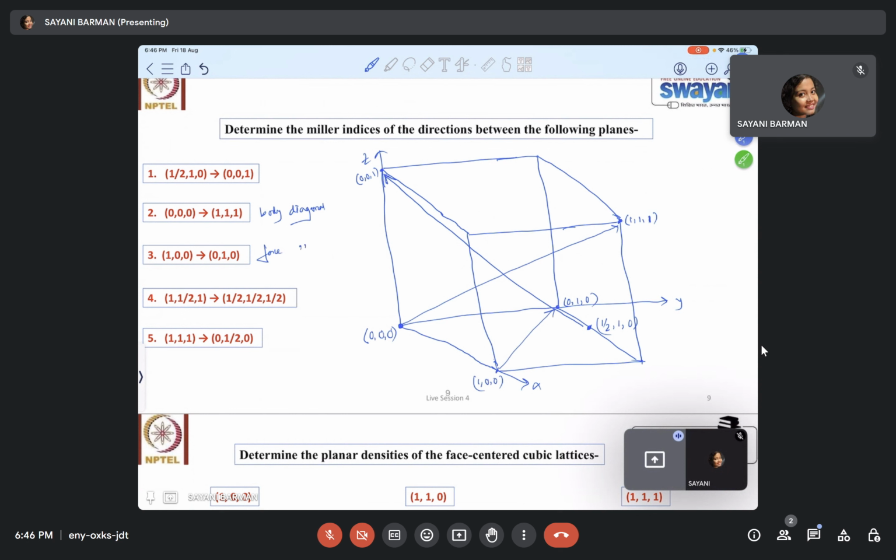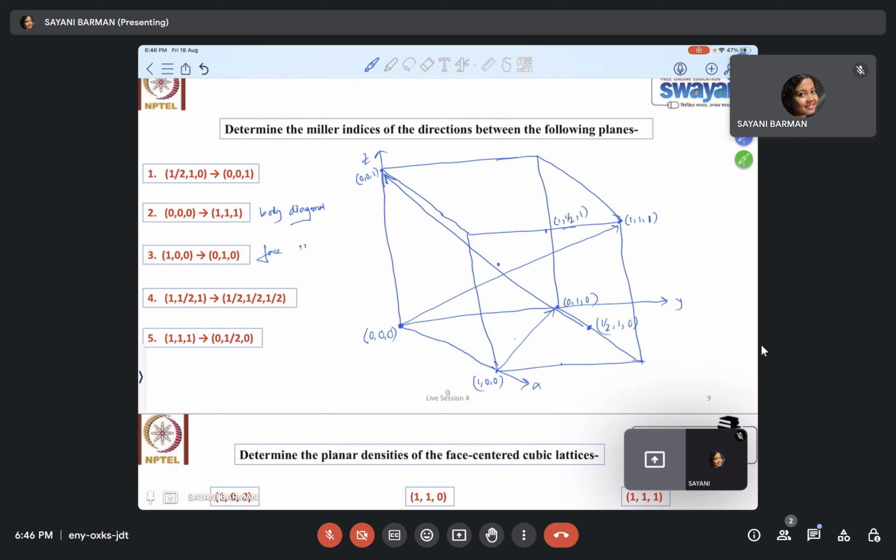Now the next one is 1 half 1. 1 along x, half along y, and 1 along the z axis. So this is the point, 1 half 1. And from half, half, half.